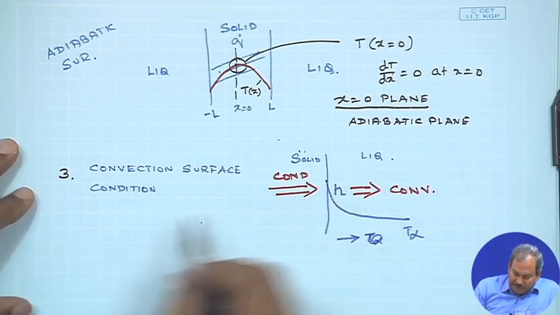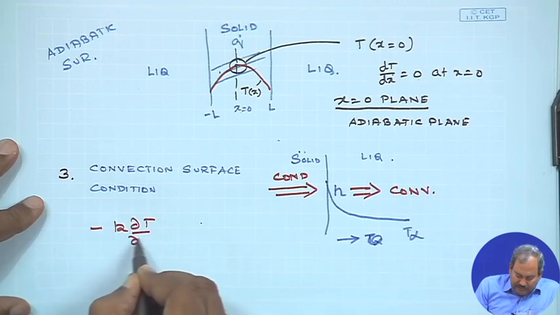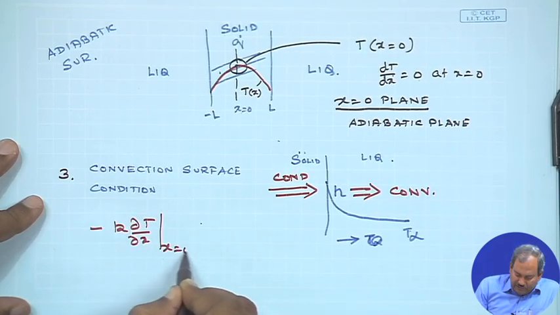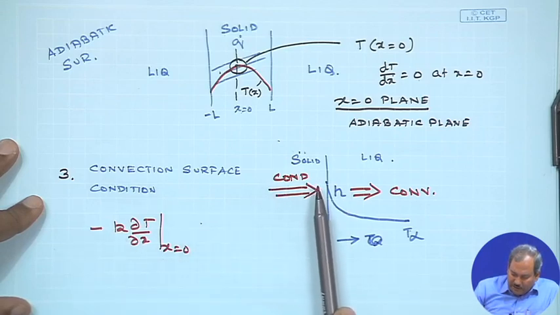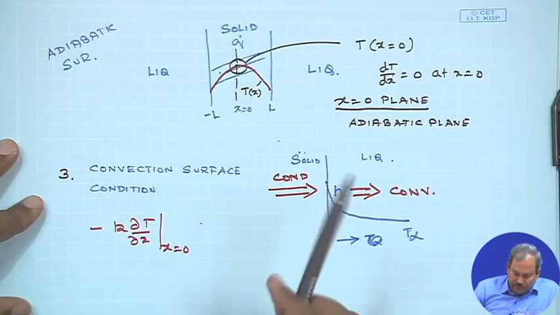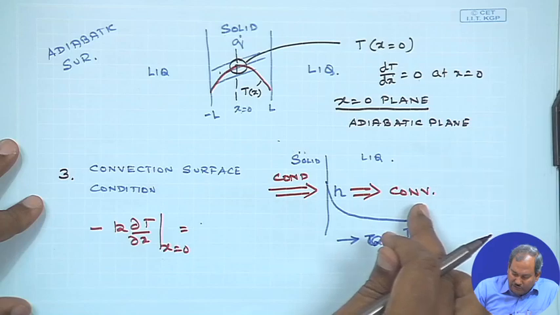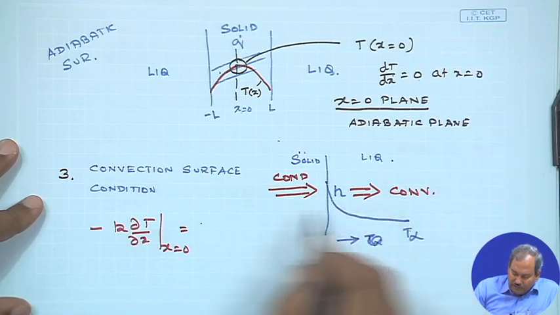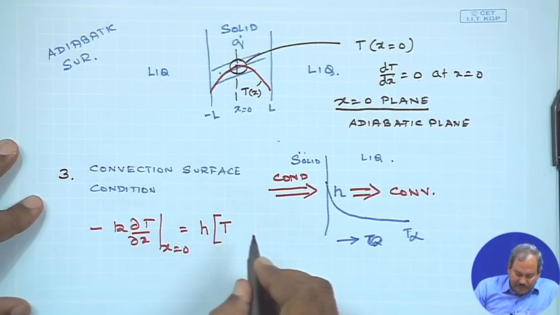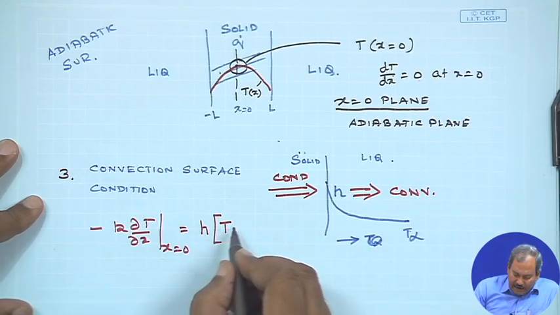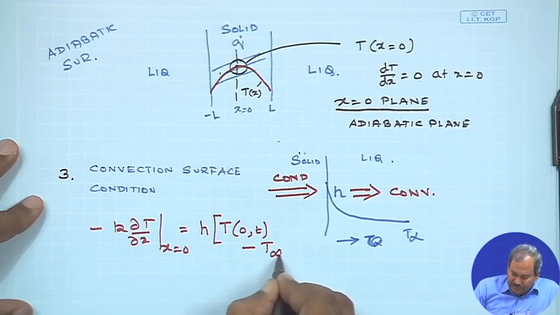So, what happens at steady state is then minus k del T by del x at x equals 0. This denotes the amount of heat which comes in by conduction from the interior up to this point, which has to be equal to the heat which goes out by convection, and if I use Newton's law, it would simply be h times T at x equals 0 at any time minus T infinity.